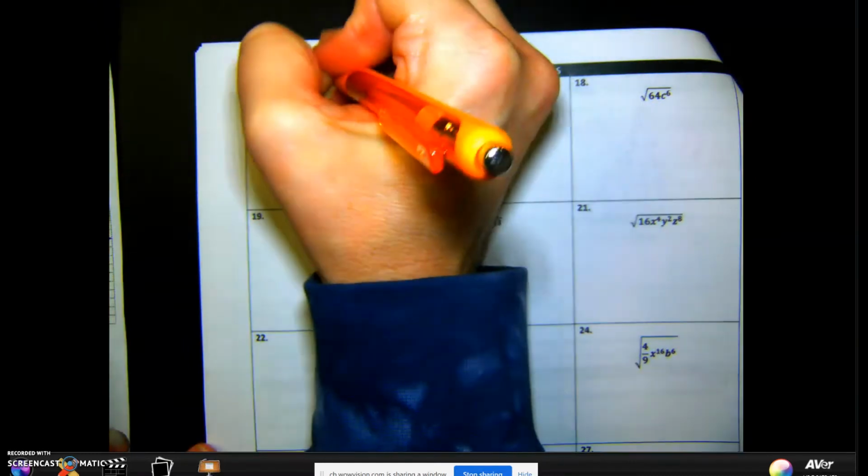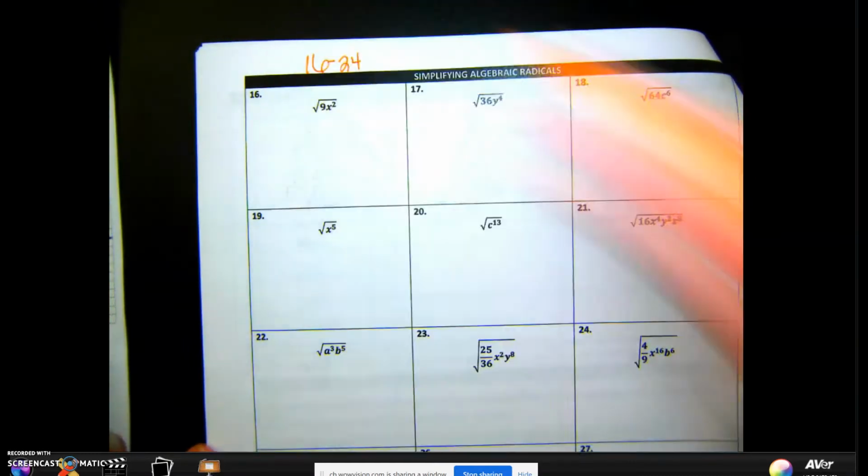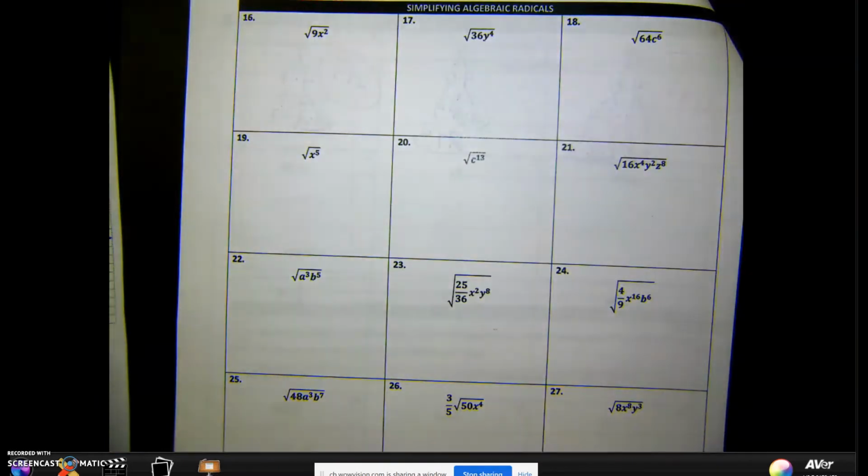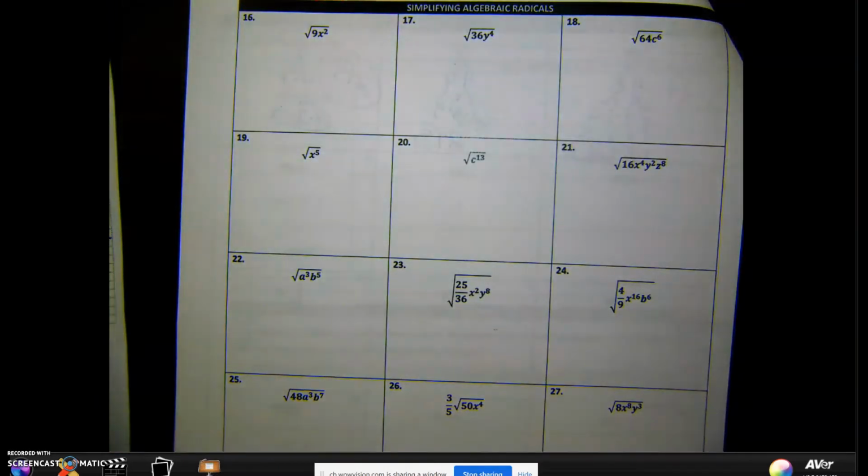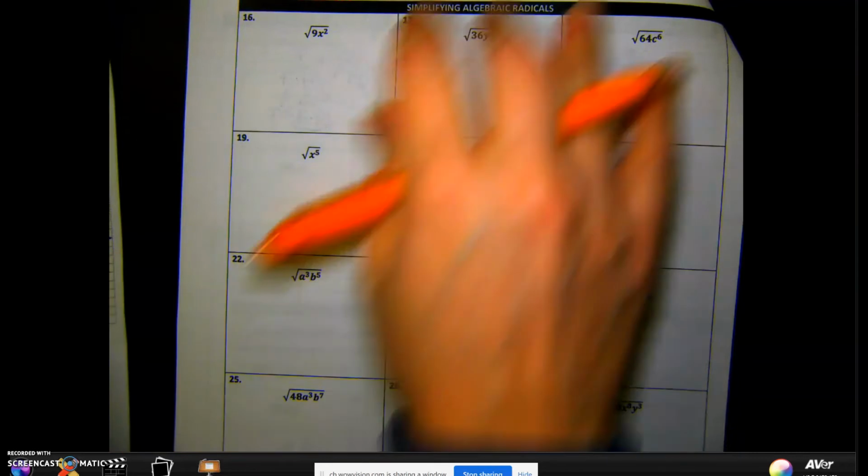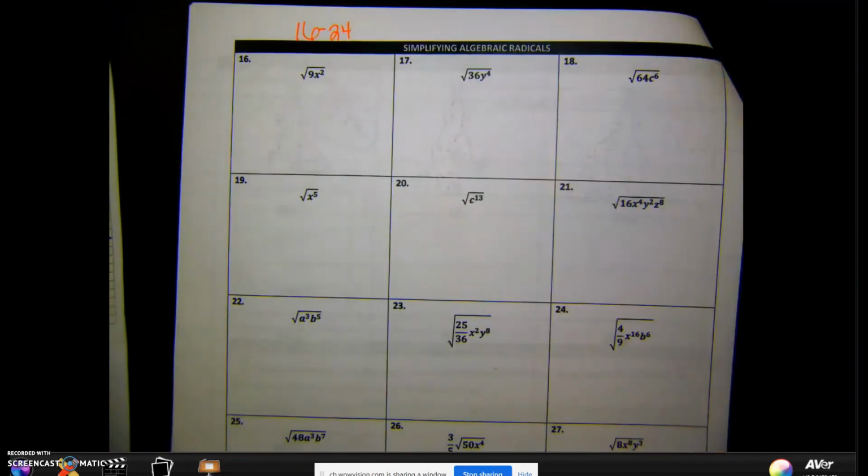So let's do 16 through 24 on this page. See if you can figure out 23 and 24. My clue to you is they've given you fractions with perfect squares on the top and bottom, right? You just take the square root of those numbers, top and bottom, okay? So 16 through 24 on this page, and 34 through 36 on the next page.